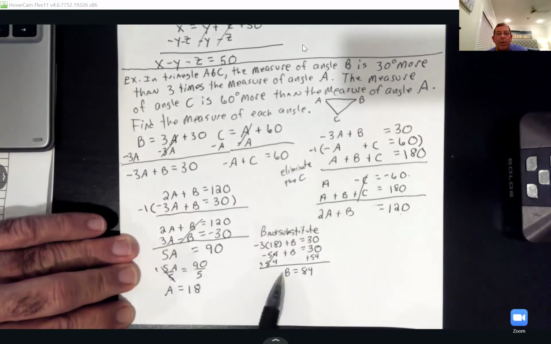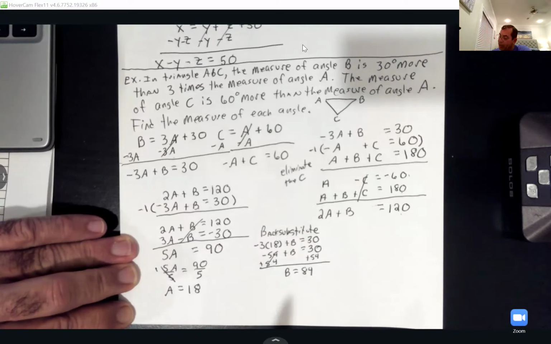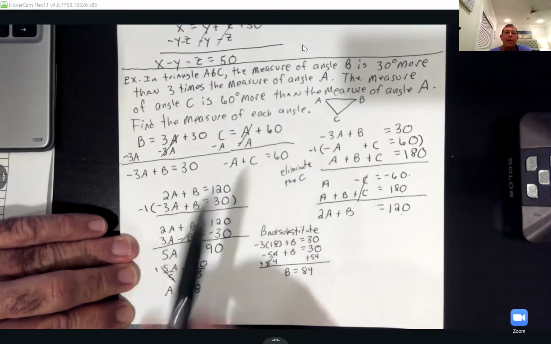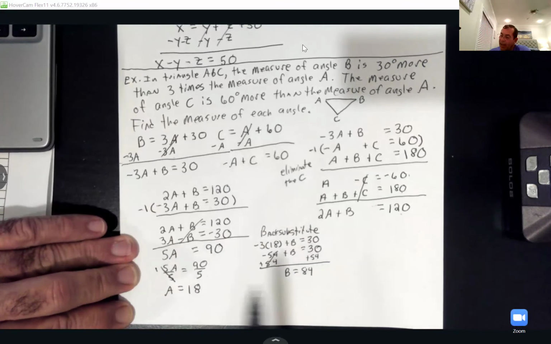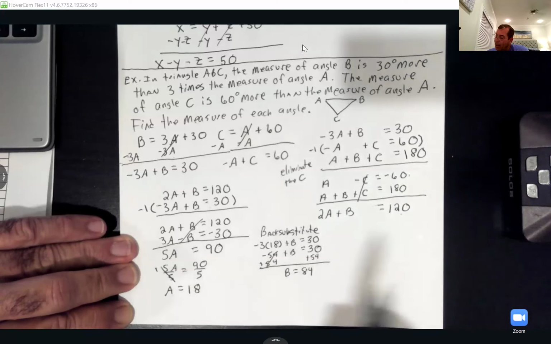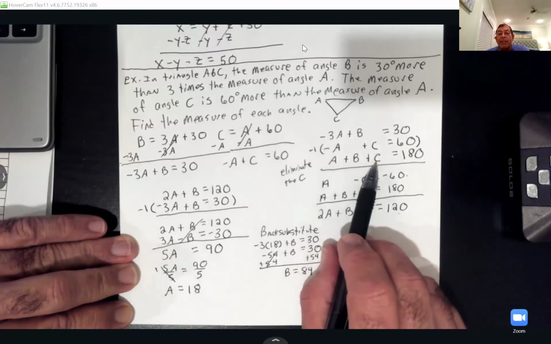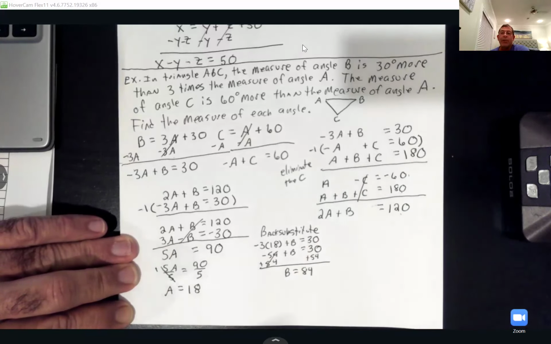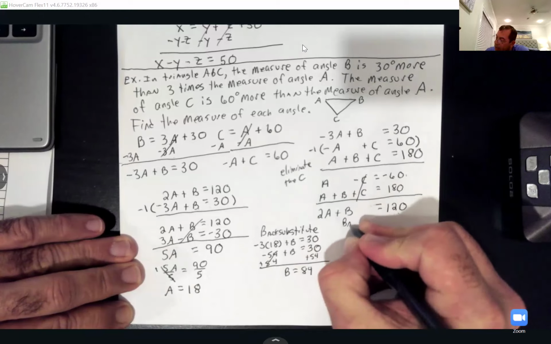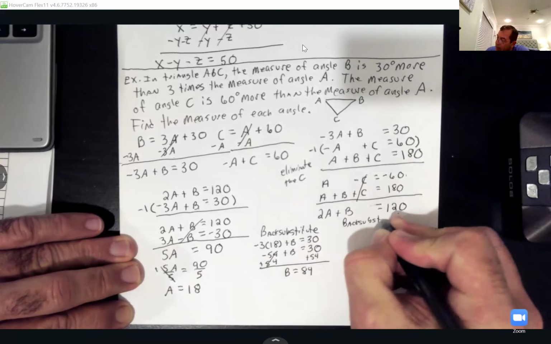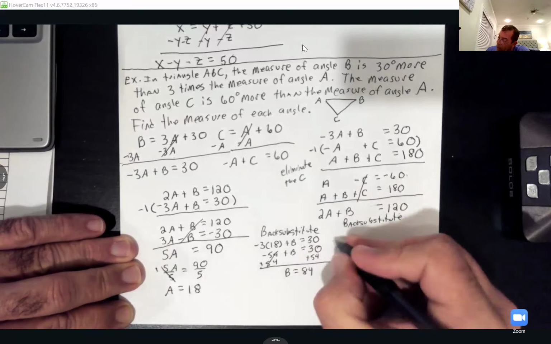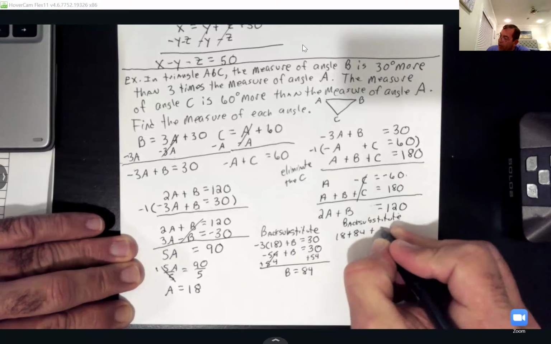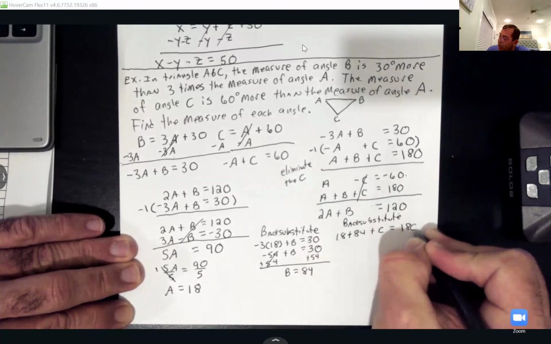So I now know two of the angles. All I got to do is find angle C, which I can put an A here and get C. I could use my, where'd it go? My A plus B plus C equals 180 because I know what A and B are now. So either equation. So y'all, I'm just going to back substitute. And I know A is 18 plus B is 84 plus C has to all equal the 180.